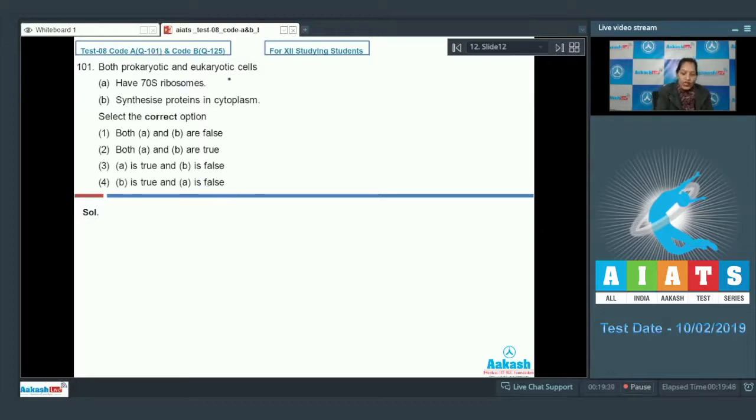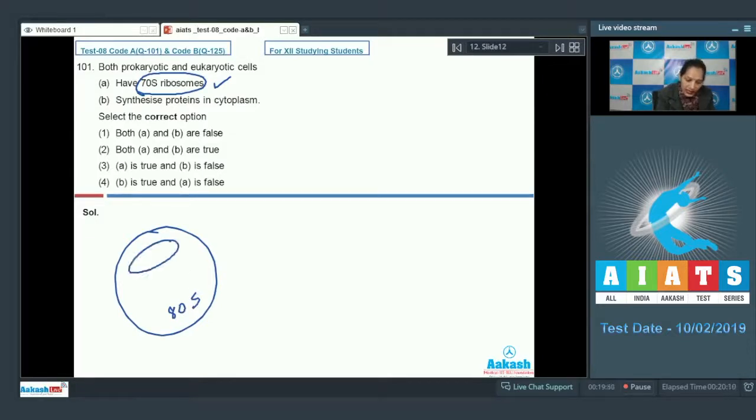In both prokaryotic and eukaryotic cells, 70S ribosomes are present. This is true. How? In cytoplasm of eukaryotic cells, 80S ribosomes are present.